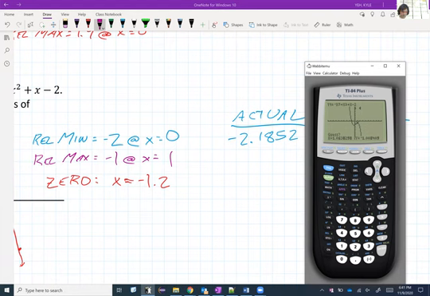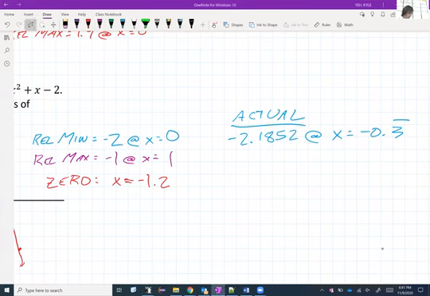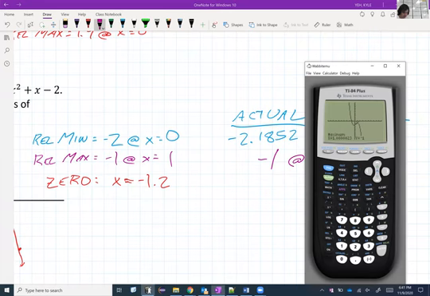I'm going to put it right about where I think it is. Hit enter. And it says the maximum is negative 1. And it happened at x equals 1. There's a little bit of rounding error with our calculator, but it looks like we nailed that one. Relative max was negative 1 at x equals 1. So our estimate was right on there from our sketched graph.